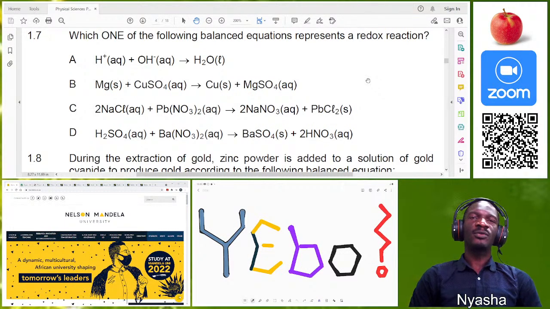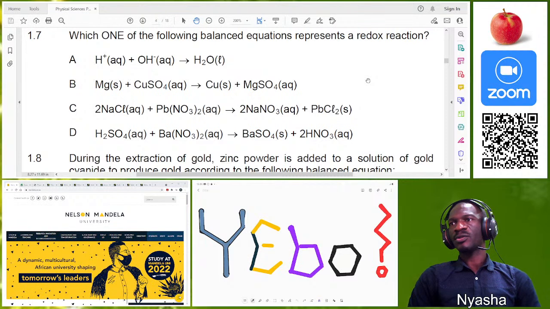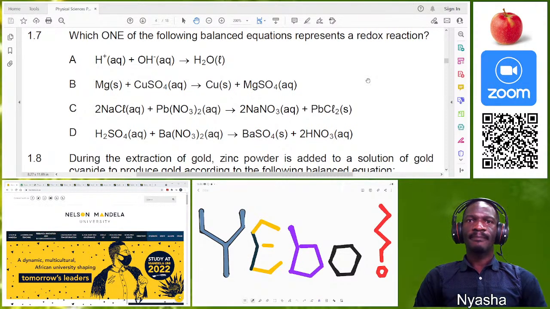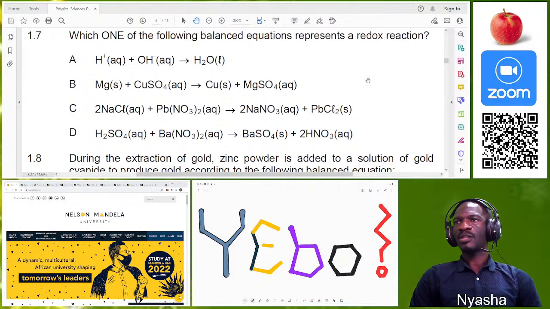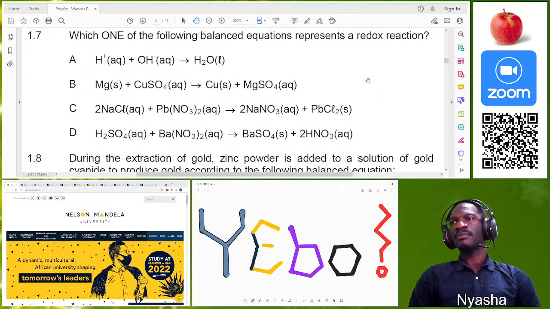Third one, you have sodium chloride with your lead nitrate, producing your sodium nitrate and your lead chloride. The last one would be your sulfuric acid with your barium nitrate, producing your barium sulfate and nitric acid.